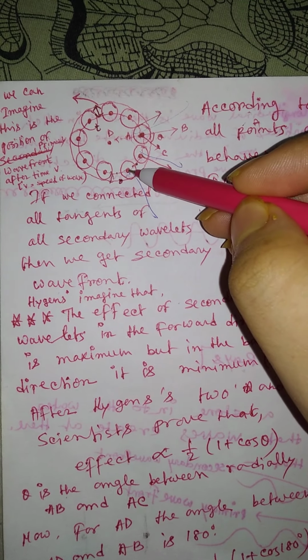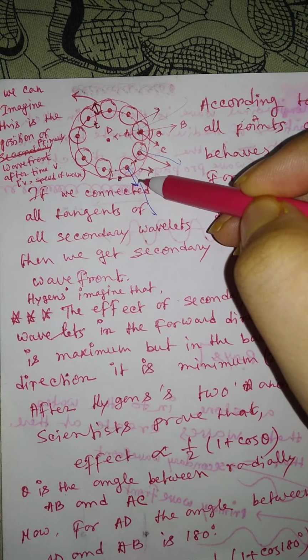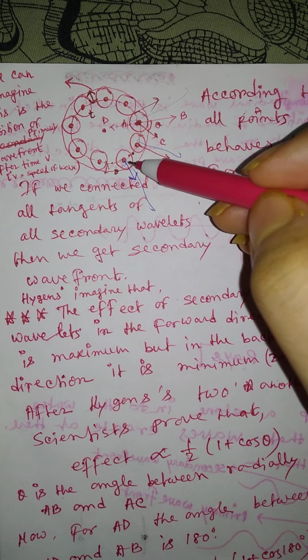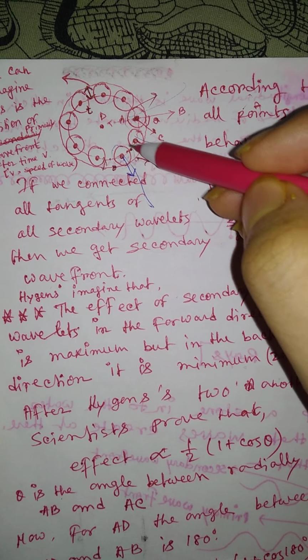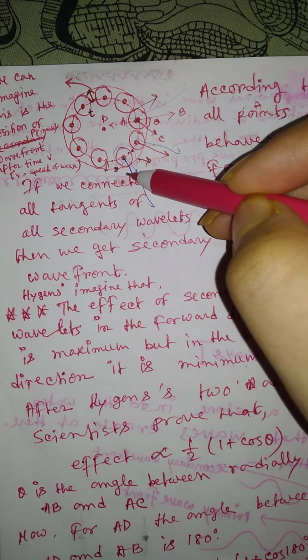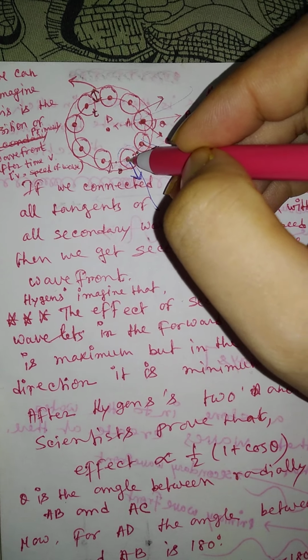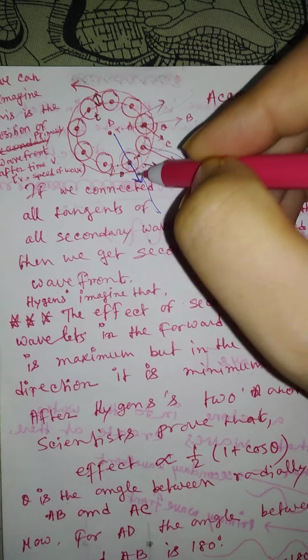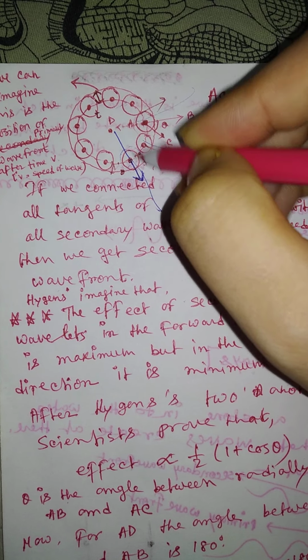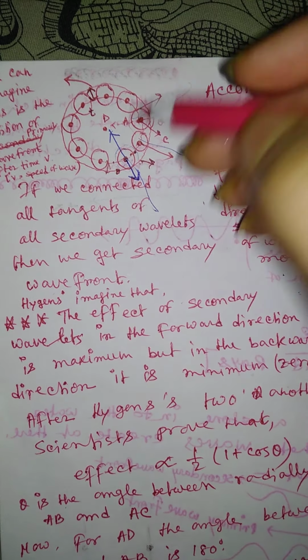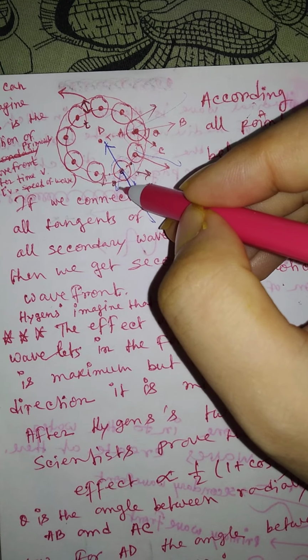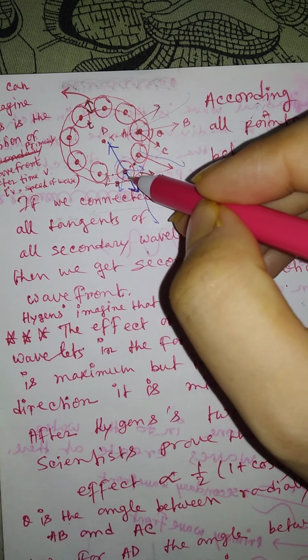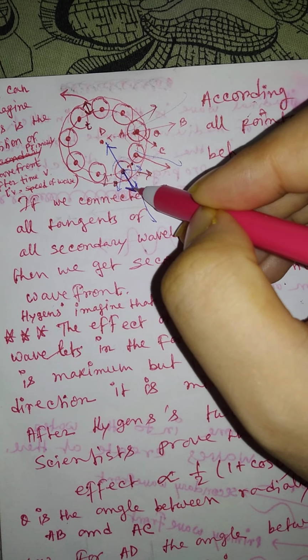For this wavelet, this is the direction of wave motion, right? So the effect of these wavelets along this direction is minimum, and along this direction is maximum, and along this direction is minimum. Along this direction it decreases, along this direction it decreases, but along this direction it's maximum.